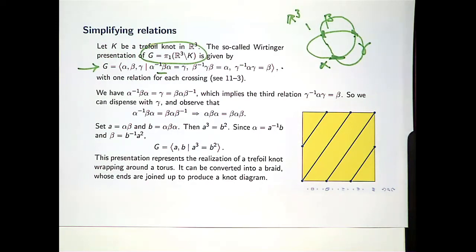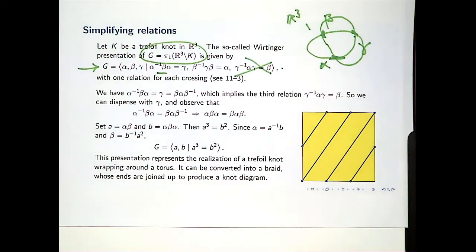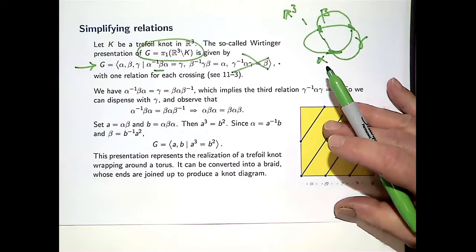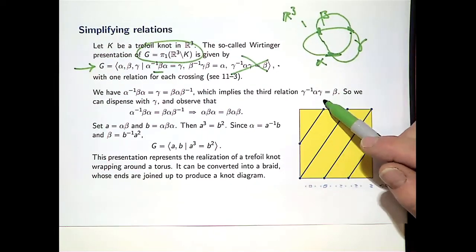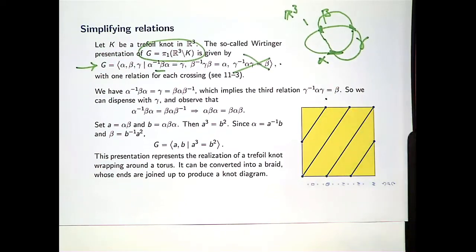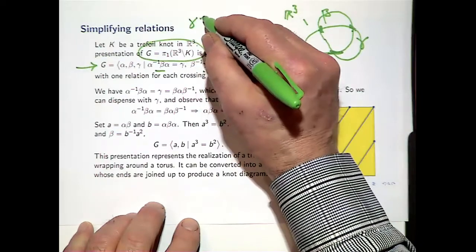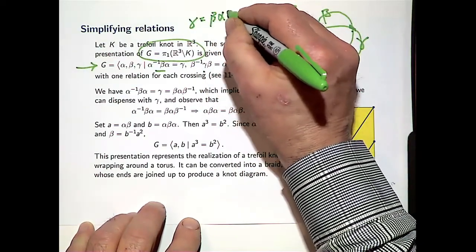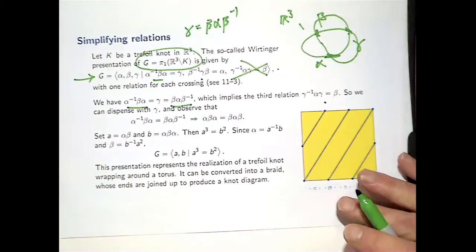But it turns out that if you do it that way, one of the relations is redundant. So in fact, these are all symmetric, so I can actually remove the third relation. You can prove that it can be deduced from the other two using just group theory. So that's explained here. And then if you rewrite gamma, from the second relation, gamma is going to be beta alpha beta inverse, which is this here. So that has to equal the other expression for gamma.